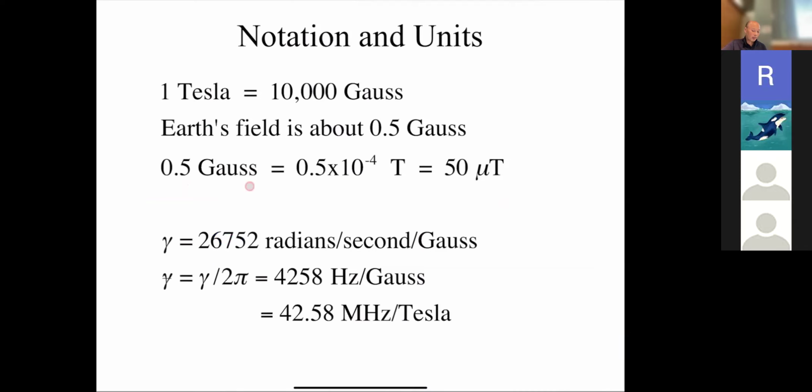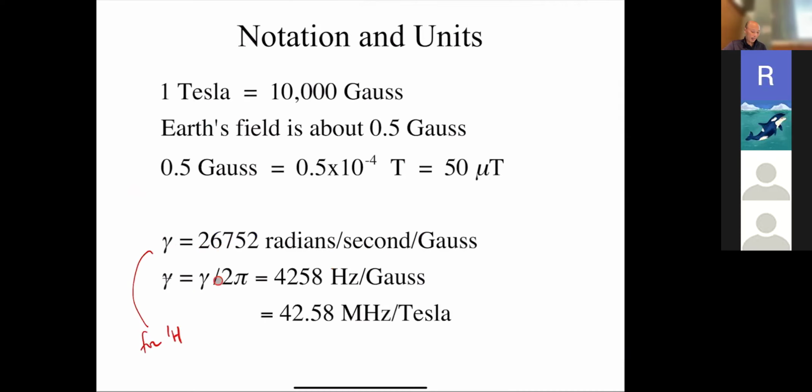Let's get a little more back to notation. Remember, 1 Tesla equals 10,000 Gauss. Earth's field is about half a Gauss. The gyromagnetic ratio for hydrogen protons is 26,752 radians per second per Gauss.